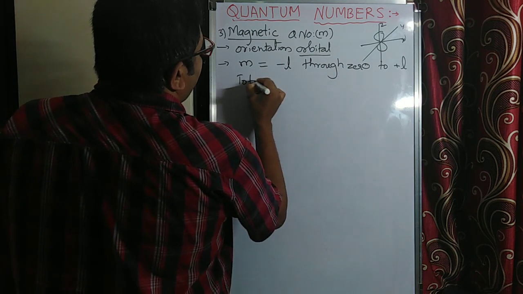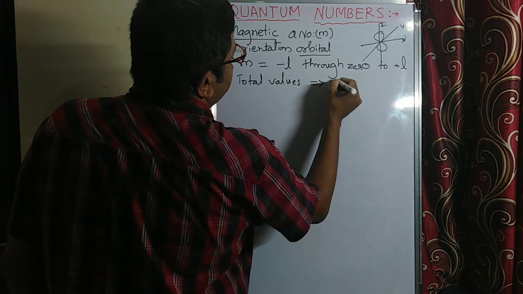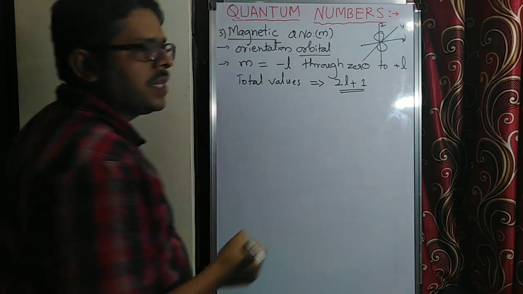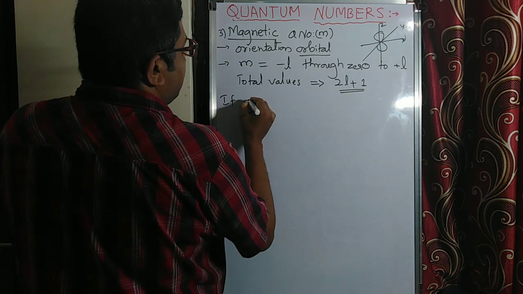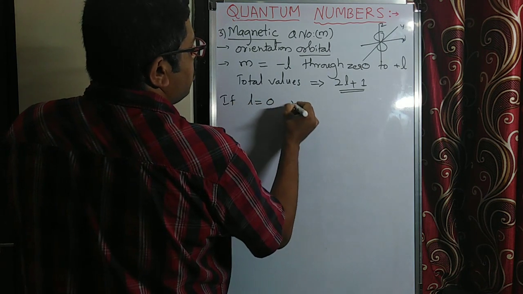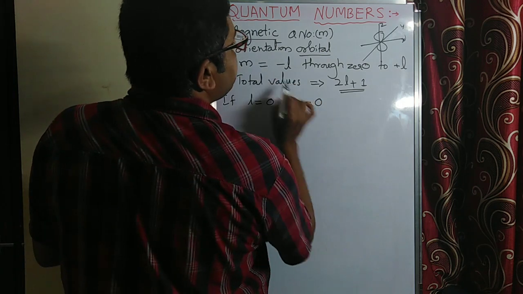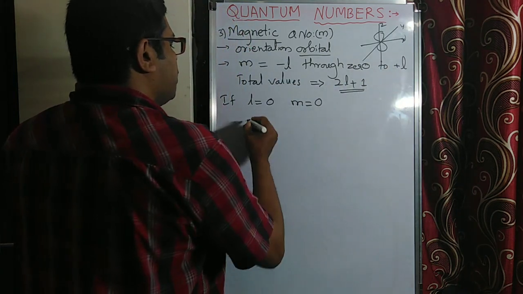Total values possible are 2L plus 1 values. For example, if L is equal to 0, M is also equal to 0, because minus 0 through 0 to plus 0 is just 0.